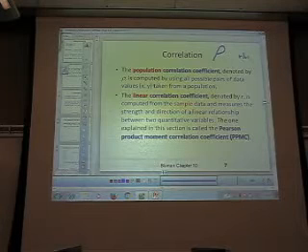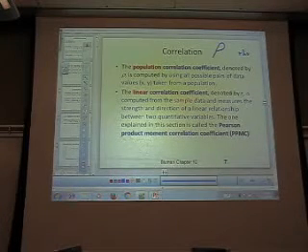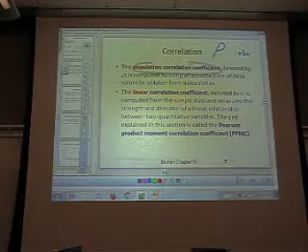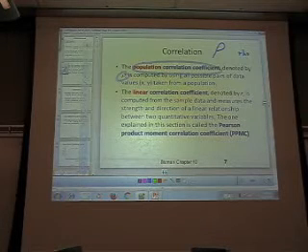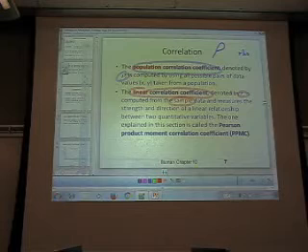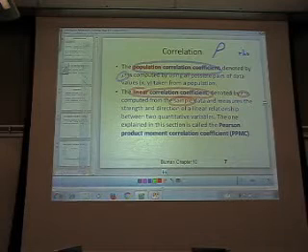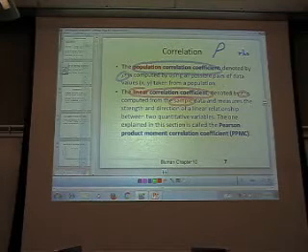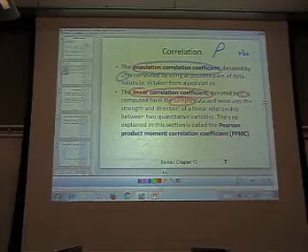Rho, R-H-O. Keep going. The linear correlation coefficient, denoted by r, is computed from the sample data and measures the strength and direction of the linear relationship between 2 quantitative variables. The one explained in this section is called the Pearson product moment correlation coefficient, PPMC. Great, and I'll give you guys PPMC tables after Thanksgiving.